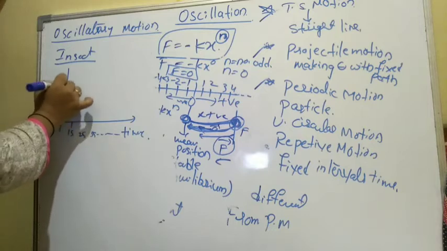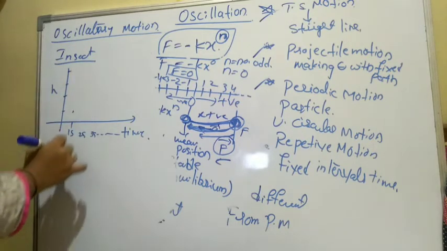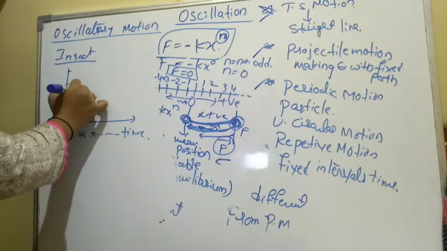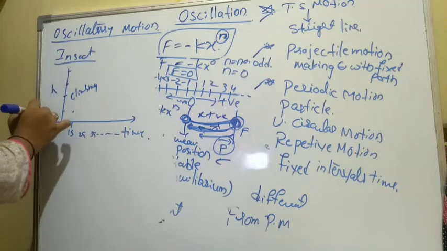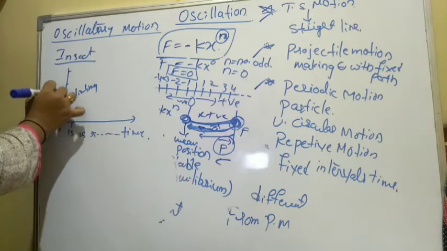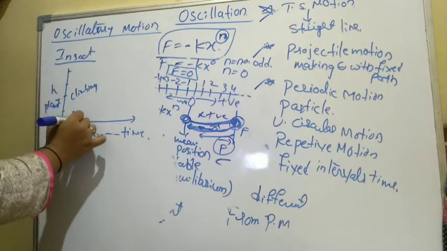I'm not going to measure any reading here. For 1 second it reaches this point, the insect is climbing up. This height may be of the plant, so it is moving on the plant here. For 1 second it reaches this point, height here.